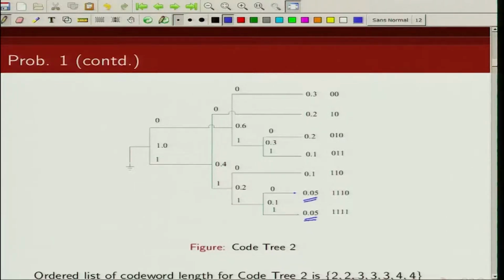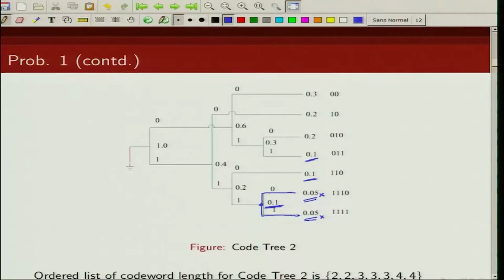We can combine these 2 and create a new node with probability 0.05 plus 0.05, that's 0.1. We deactivate these nodes and activate this new node. So now we have this node with probability 0.1, this node probability 0.1, this node probability 0.1.